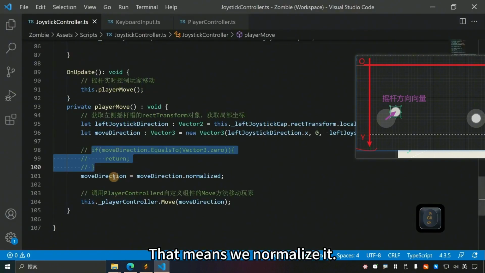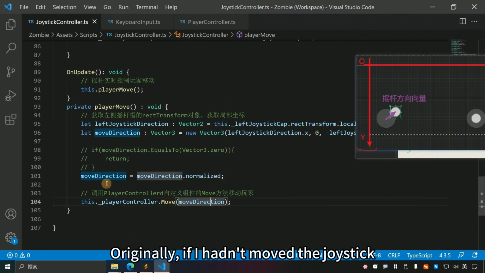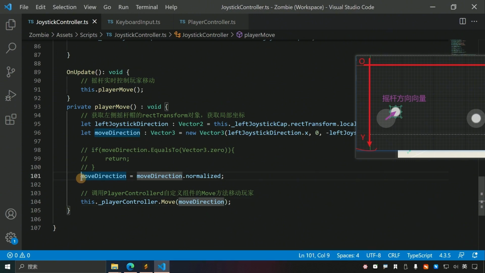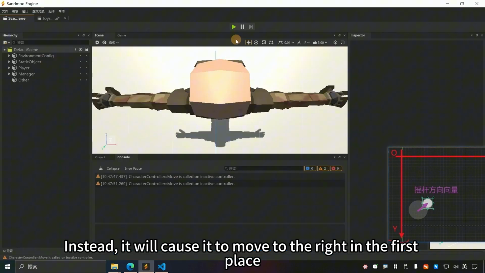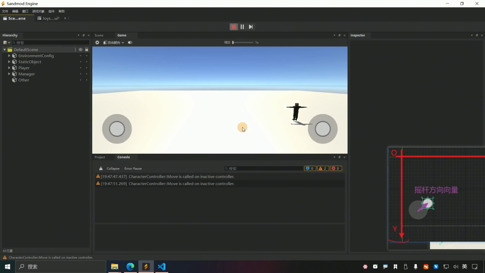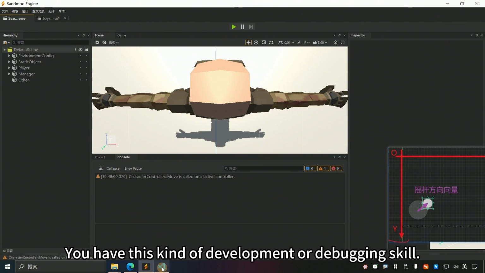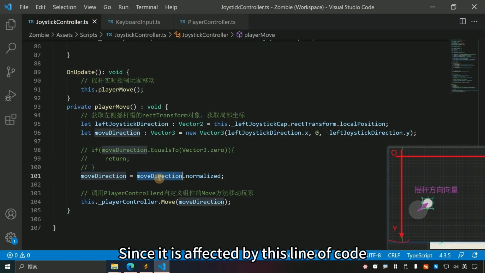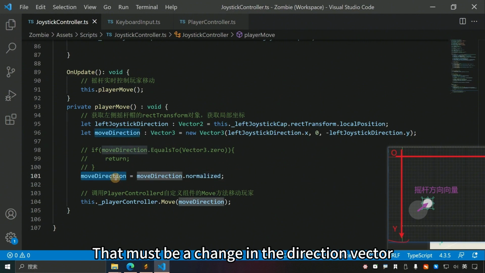That means the normalization line of code is the cause. Originally, if I hadn't moved the joystick, it should be static. So let's take a look at why normalizing instead causes it to move to the right. You should have this kind of development and debugging skill. Since it is affected by this line of code, there must be a change in the direction vector.